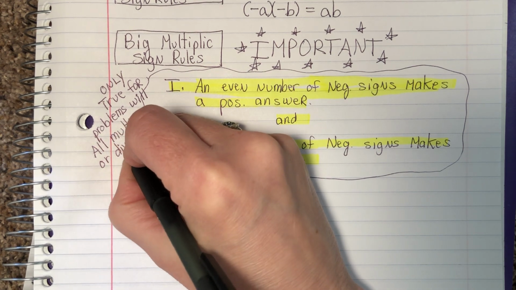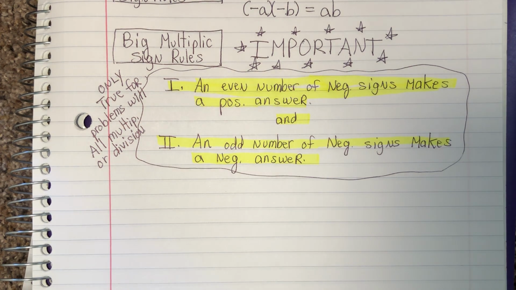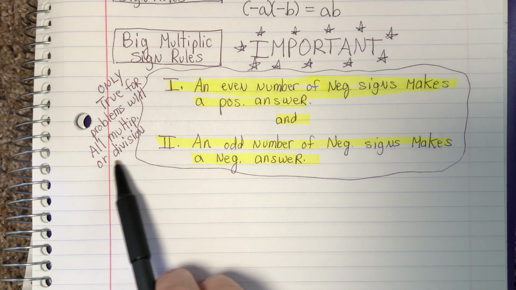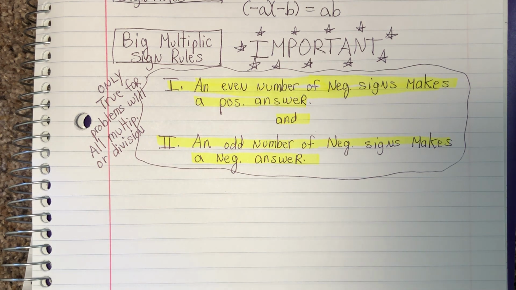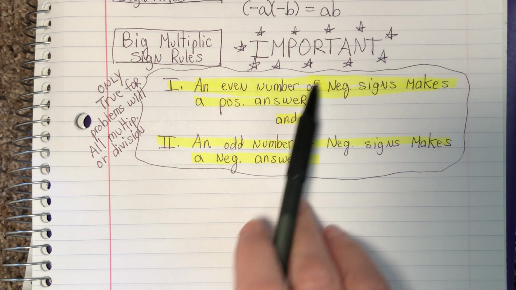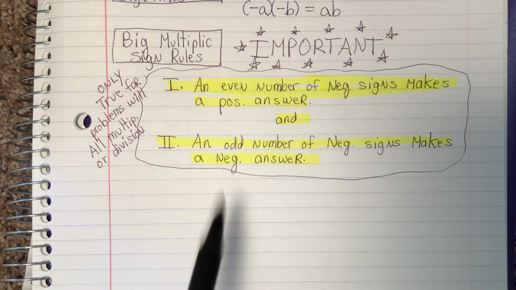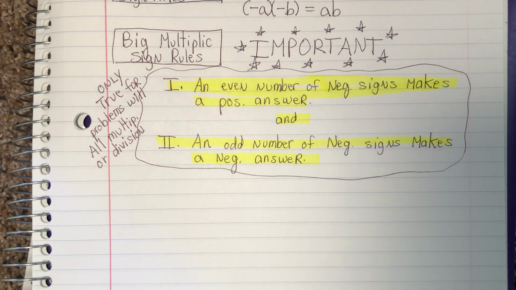Works for division too, because we haven't seen this yet, but division is really multiplication. You're really multiplying by a reciprocal. So we're lumping division in with this. If you have any addition and subtraction in a problem, this rule doesn't hold anymore. But if you have all multiplication and division, maybe it's all multiplication or all division or a combination of the two, then this rule applies.